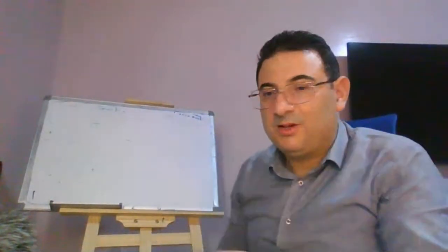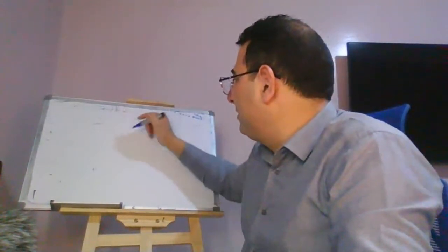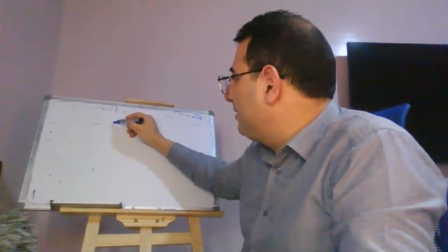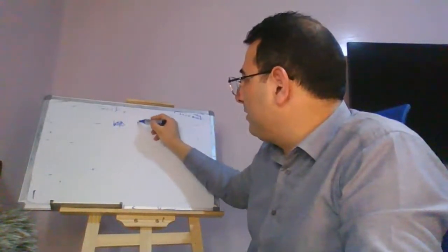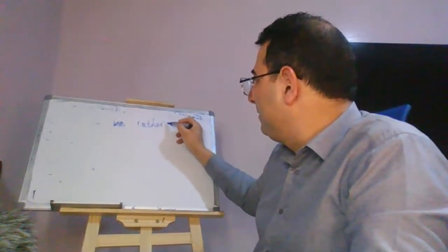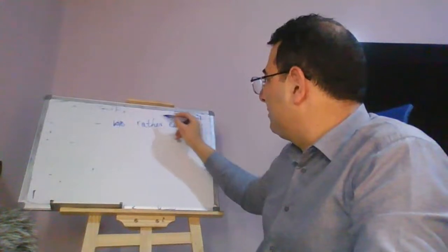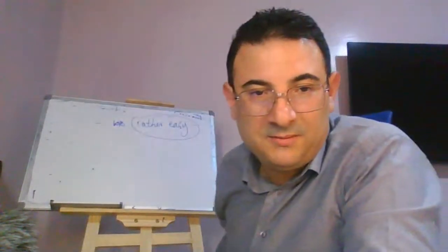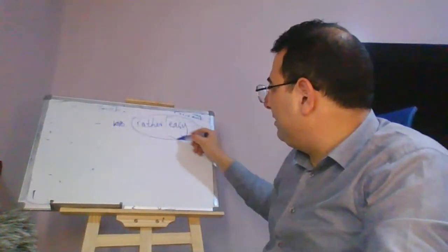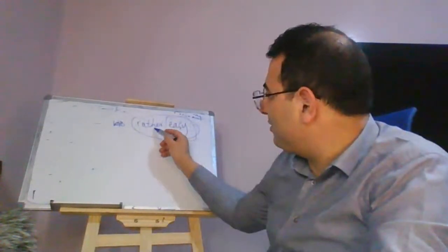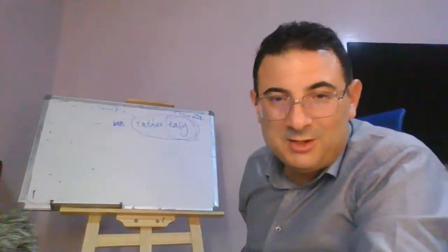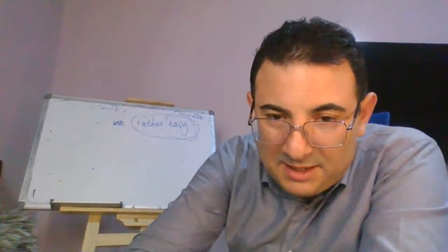For the adjective phrases, you may have a word like rather. It was rather easy, the exam was rather easy. Look at this, rather easy. This easy here is the head of the adjective phrase, and rather here is the specifier.